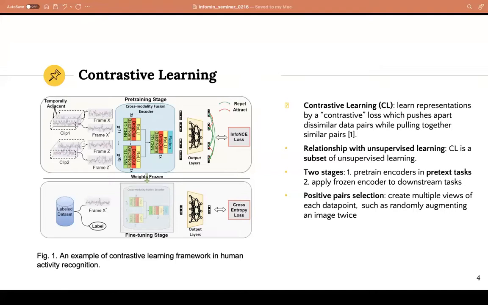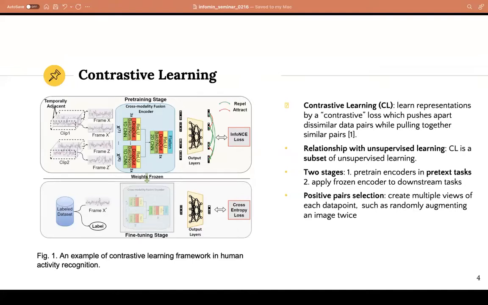And the right arrow means those two vectors are supposed to attract each other. So in the latent space, they are closer than others.